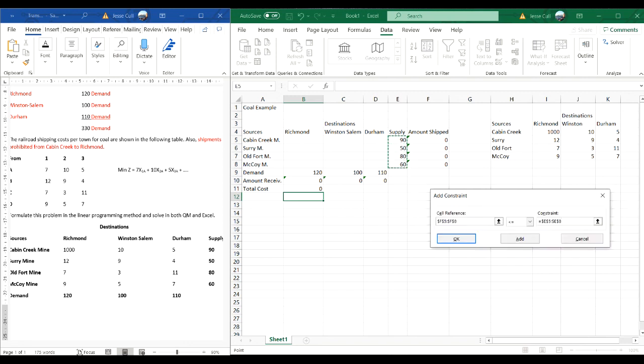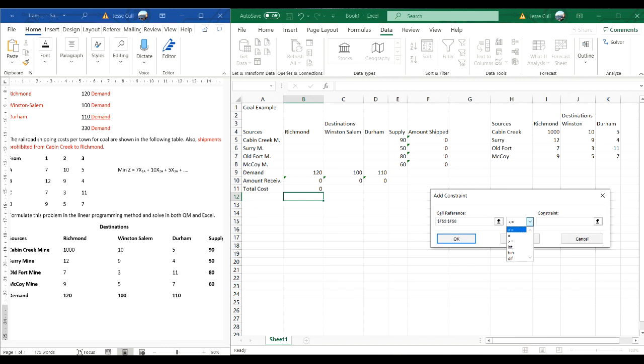Sorry, my mistake. We have not enough supply. So in that situation, we can make it equal to, or we can make it less than or equal to. Both would be okay.